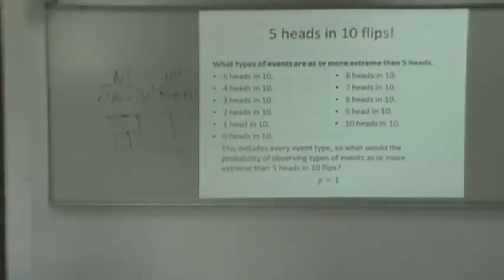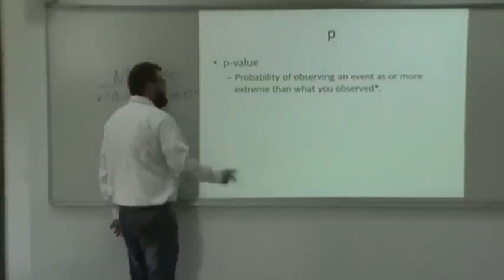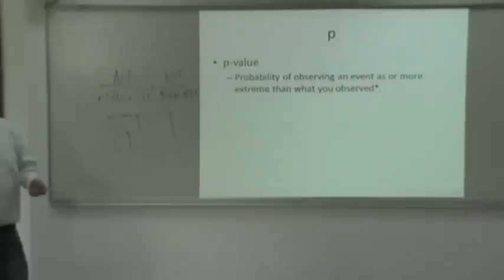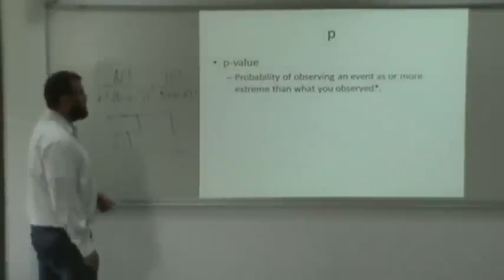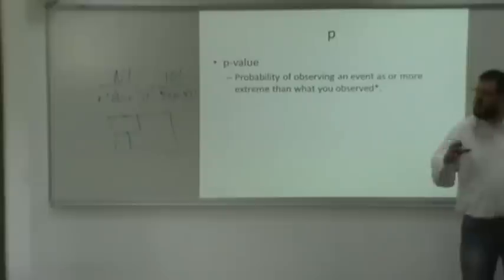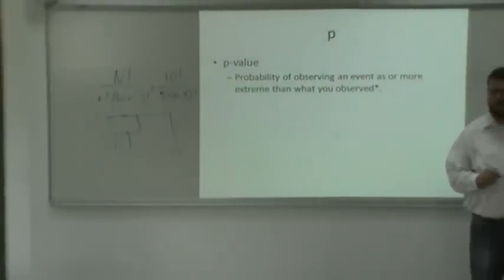It wasn't 1. It was close to 0, right? So this value that we calculated, this is the p-value. The p-value is the probability of observing an event as or more extreme than what you observed. The asterisk is here because we should put in given the null hypothesis.